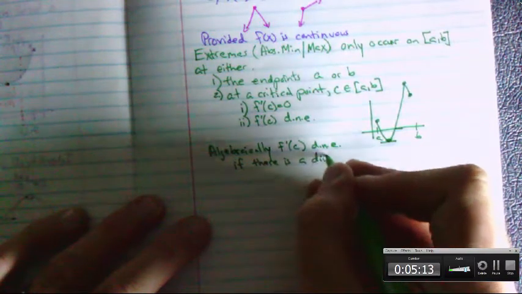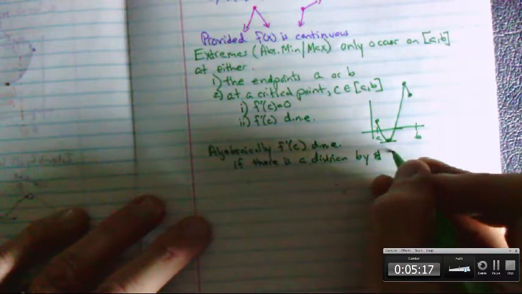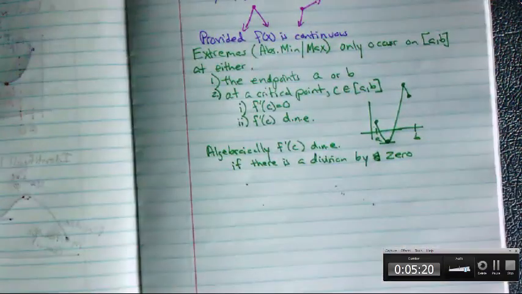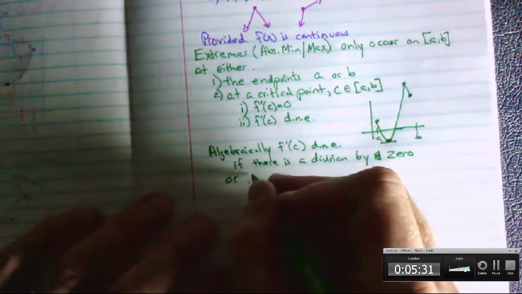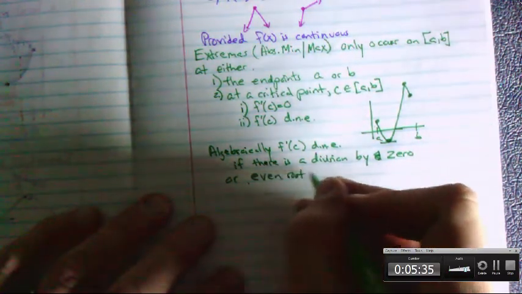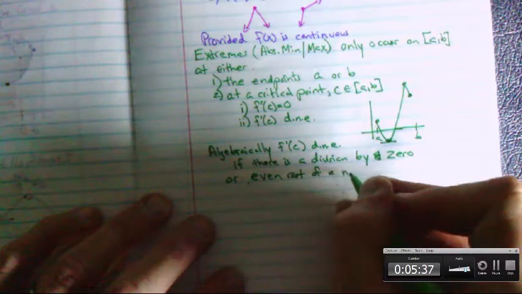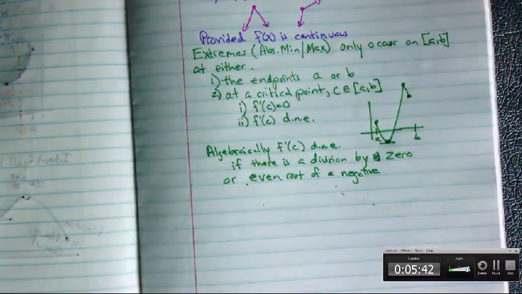So that gives us a rule. If we want to know where the derivative equals 0, we just set it equal to 0. If we want to know where the derivative does not exist, then that means that there is either a division by 0 or an even root of a negative. You can't square root a negative, but you also can't fourth root a negative. You can't sixth root a negative. So any even root of a negative.